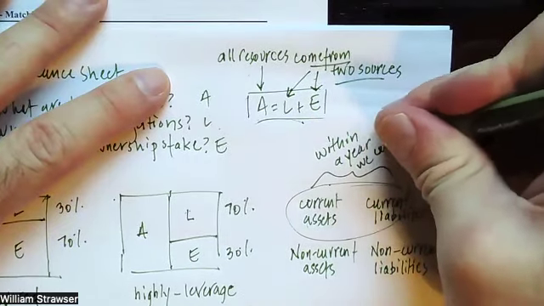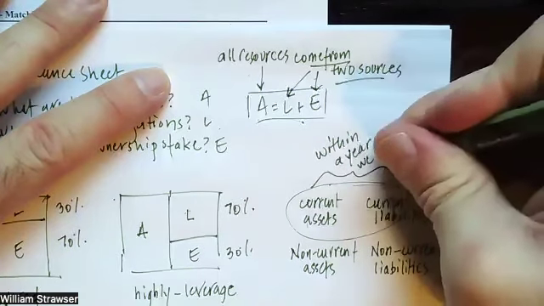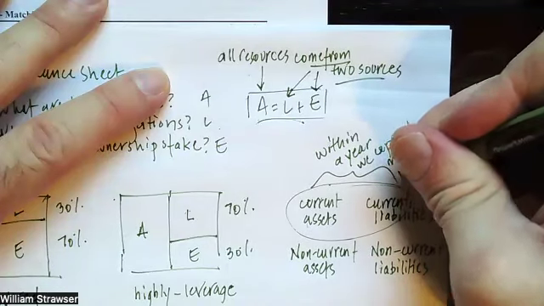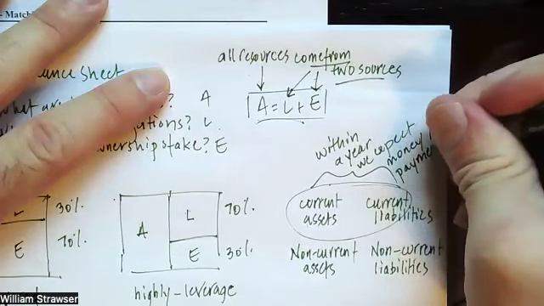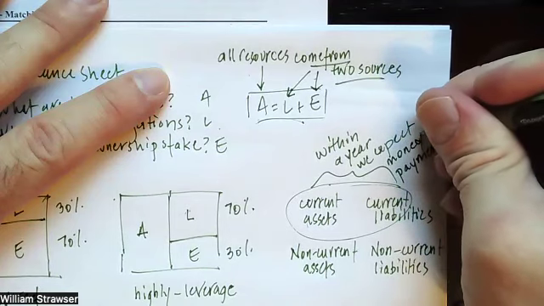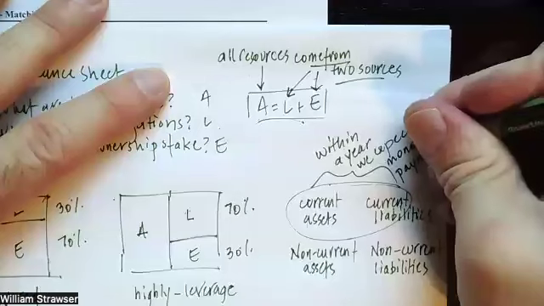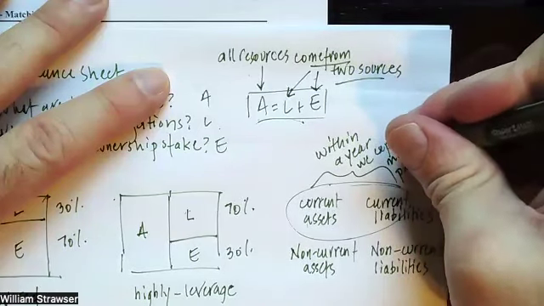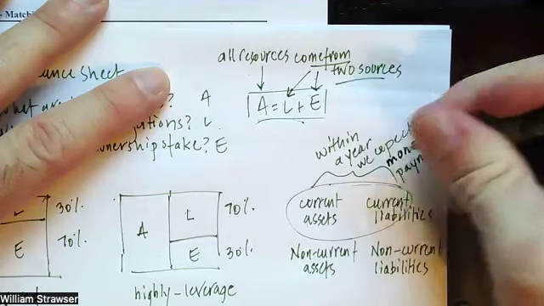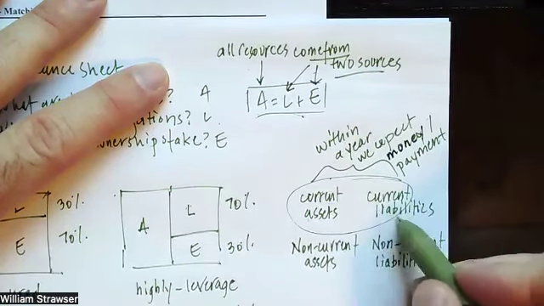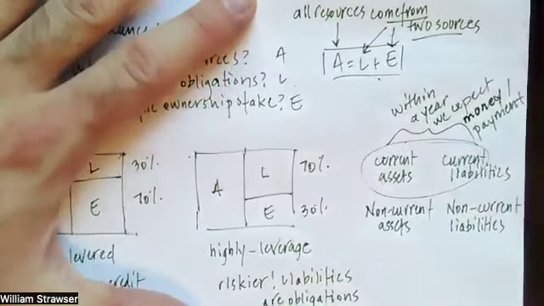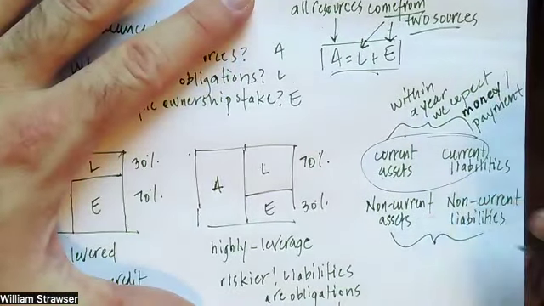We either expect money from assets or payment on liabilities. So we're either bound to get some cash from our current assets within a year, or we're bound to pay some cash in getting rid of some of our current liabilities that will come due within a year. Whereas these are longer than a year.